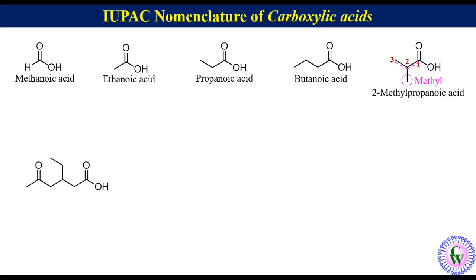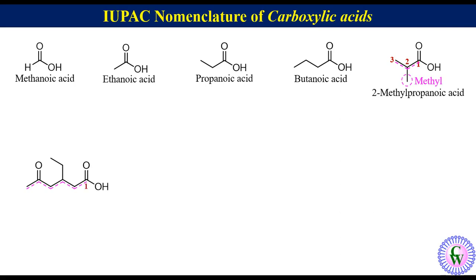This example contains both the carboxylic acid group and keto group. Carboxylic group has priority over keto. So, keto group will behave as a substituent called oxo. This longest carbon chain containing 6 carbon atoms is the parent chain.